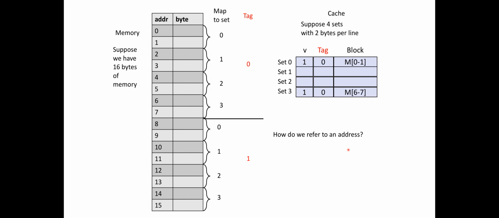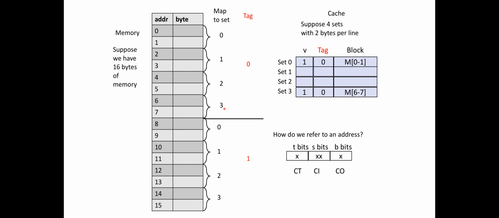So let's think again about how we refer to an address in this tiny little example. We have 16 bytes here, and there are 2 bytes that can fit in a line of cache over here. And so every 2 bytes of main memory maps to a set.